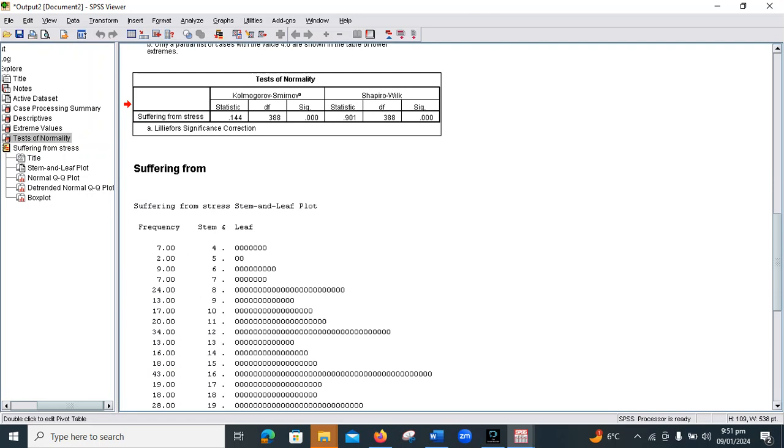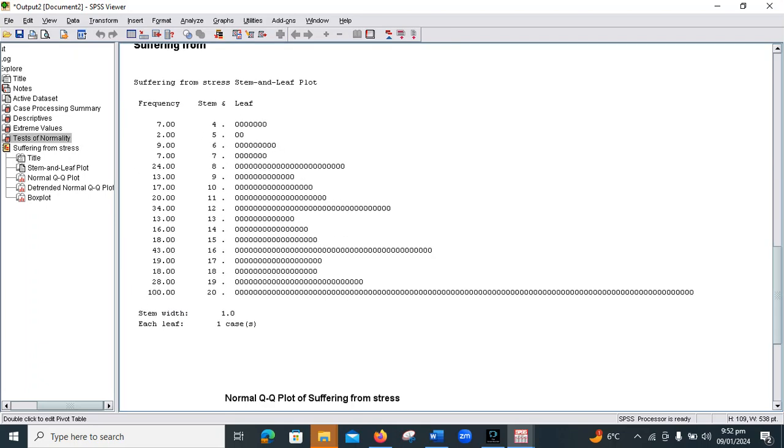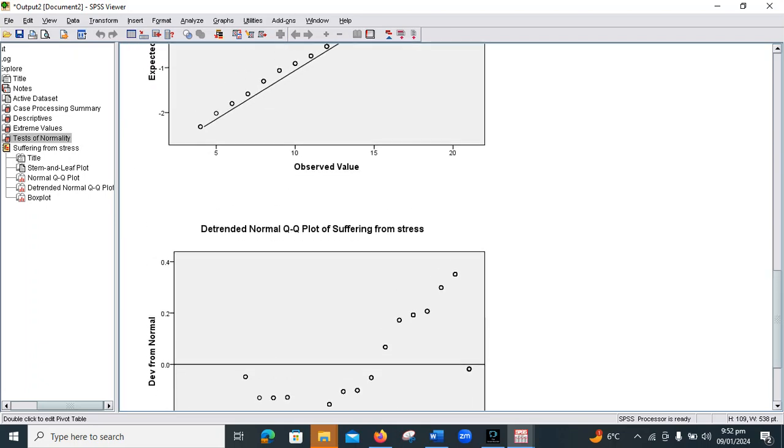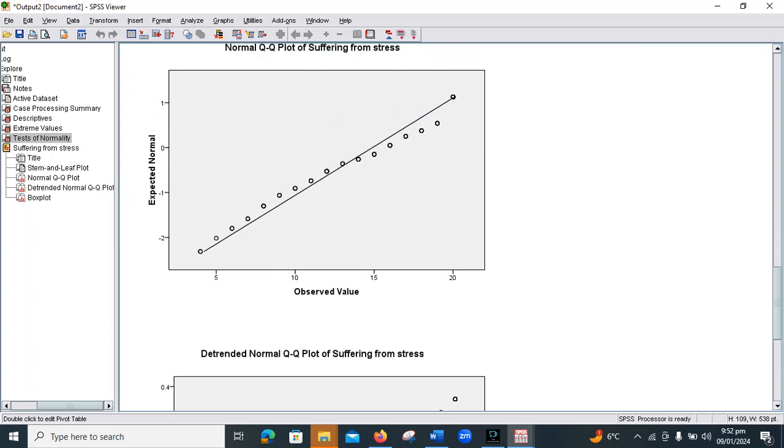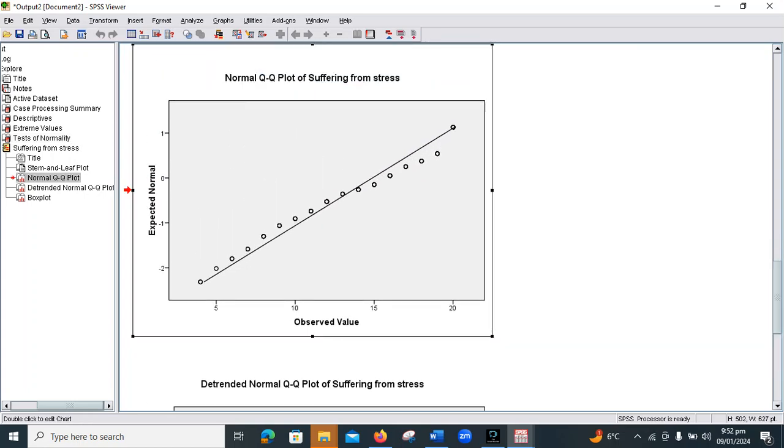Okay, look, now tests of normality. The Shapiro-Wilk is significant, so the data is fine, and the Kolmogorov is also 0.00, which is also significant, so you can carry on further analysis. Now come here. Here is the Q-Q plot. This is very important.